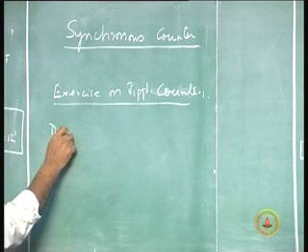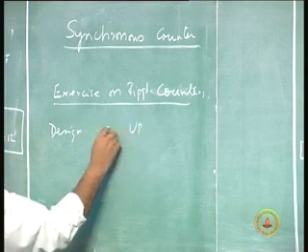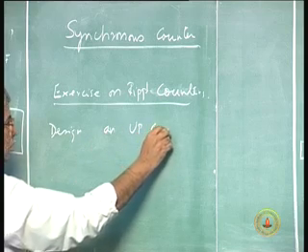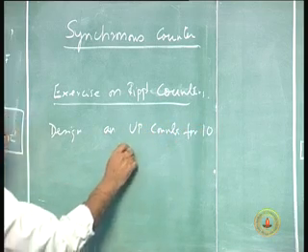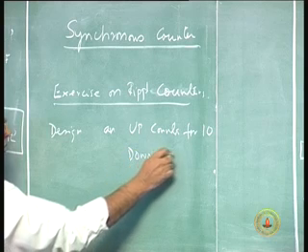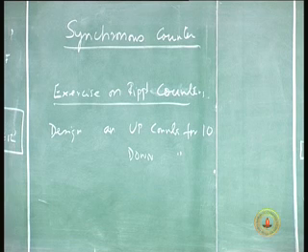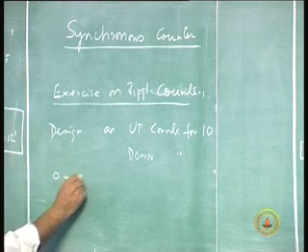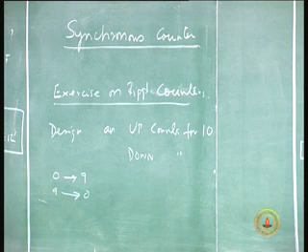Design an up counter for 10, a down counter for 10. These are called decimal counters, going from 0 to 9 or 9 to 0, and any other value you can also do, as we said, by using these gates.